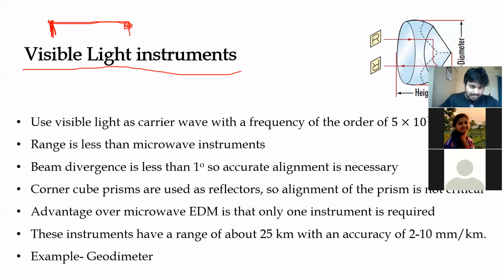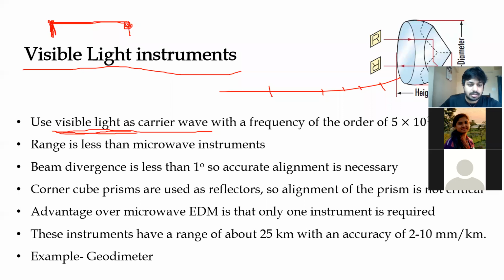Here, as the name suggests, it uses visible light as the carrier wave. You already know what visible light is. There are different types of electromagnetic waves based on their frequency, so you can cross-check the wavelength on which visible light falls.